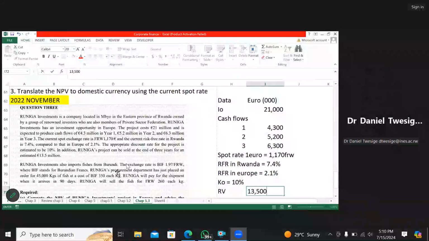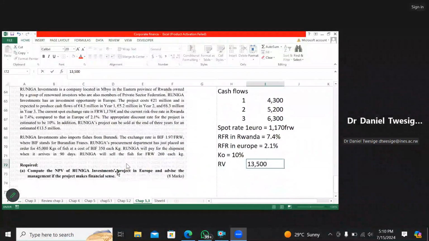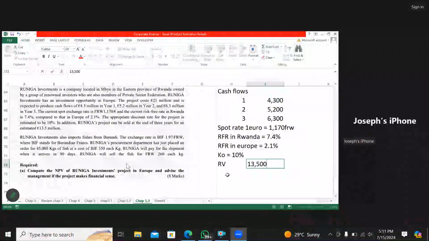Now, if you look at this, that's the challenge that we may find in this question. Automatically, we are supposed to use interest rate parity to determine this, because you are given a risk-free rate.